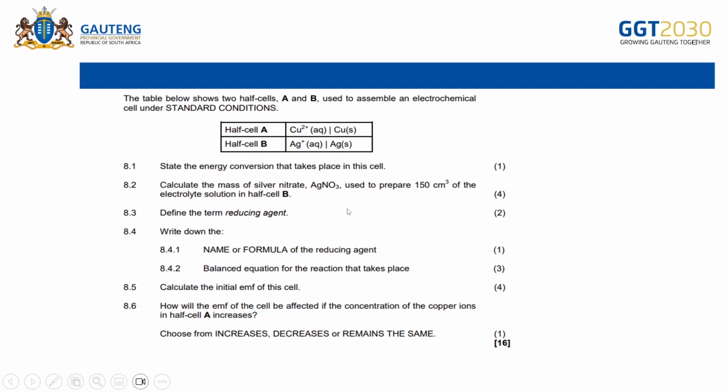Next question. Calculate the mass of the silver nitrate used to prepare 150 cubic centimeter of the electrolytic solution in half cell number B. So what is happening there, grade 12? What is expected there from a grade 12 learner was for you to make use of the formulas.